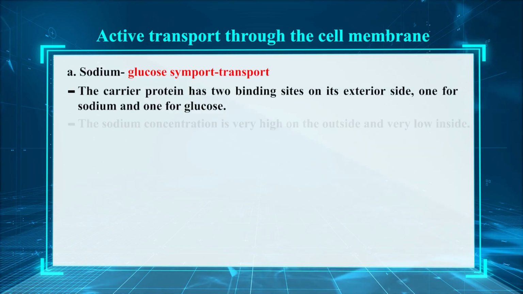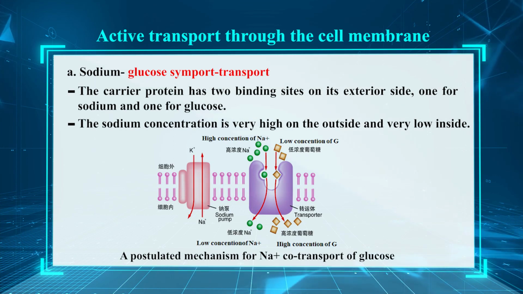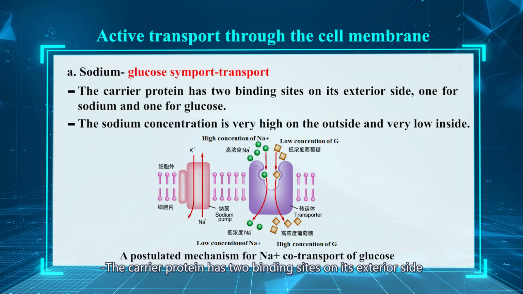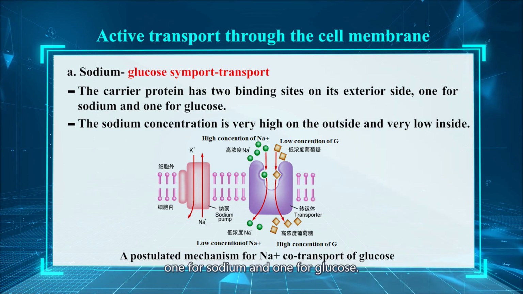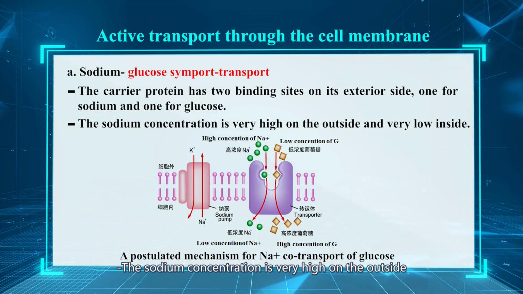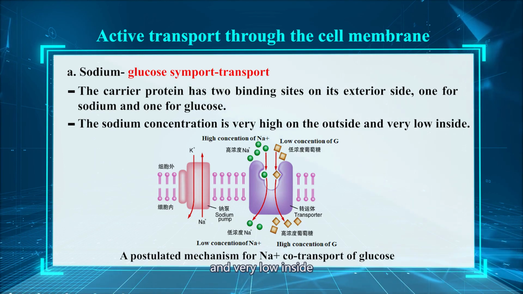For example, sodium-glucose symport transport. The carrier protein has two binding sites on its exterior side, one for sodium and one for glucose. The sodium concentration is very high on the outside and very low inside.